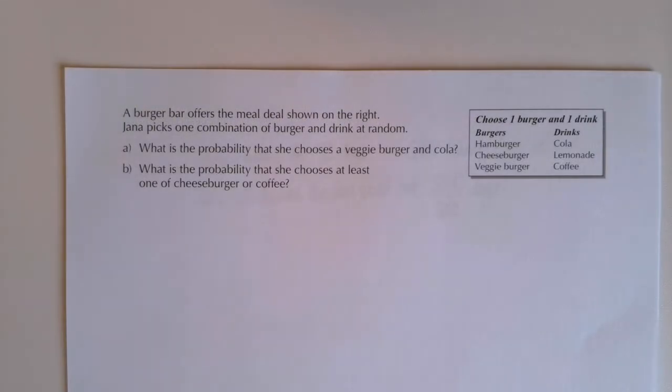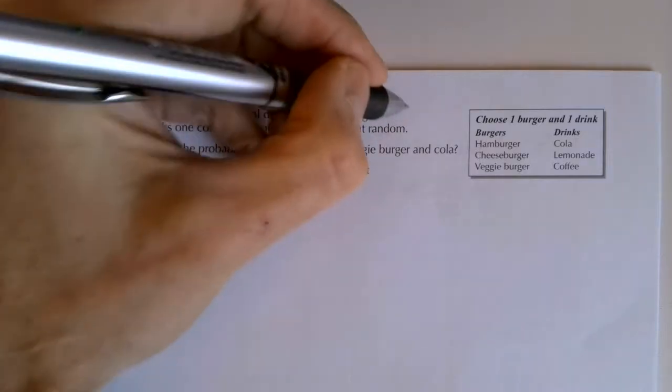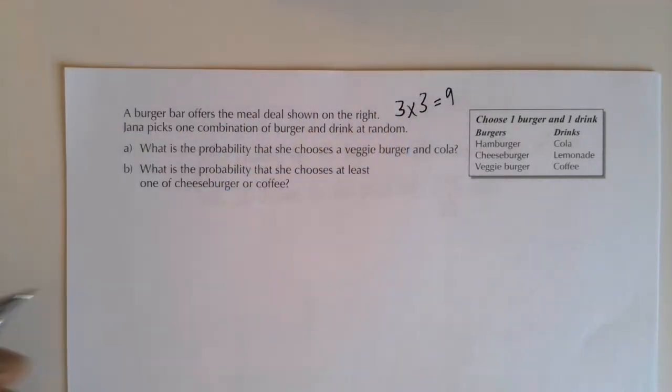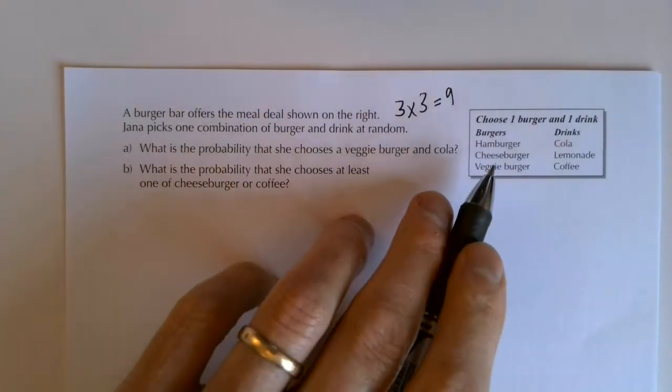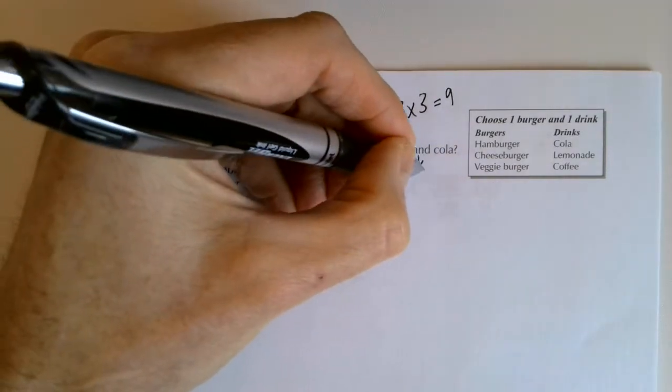One other issue that cropped up in that task I set was the whole idea about when an answer is a number of ways it can happen and when it's a probability. So hopefully you can see you've got 9 possible meal combinations from this, because you've got 3 burgers and 3 drinks. But these 2 questions say what's the probability. So veggie burger and cola is one of the options, but as a probability, it's 1/9.